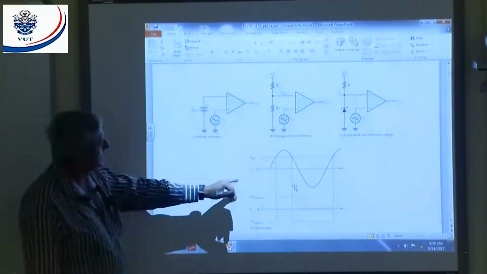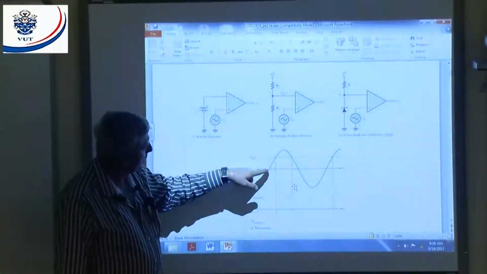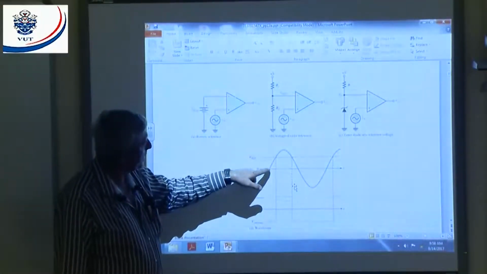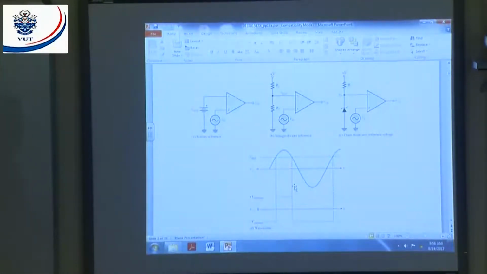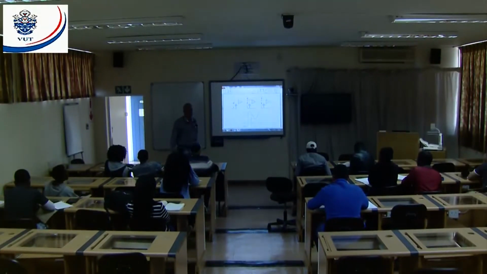Let's have a look. At this point, what is my input signal with respect to my reference? I repeat, what is the input signal with respect to reference? Negative or positive? It should be one of the two.